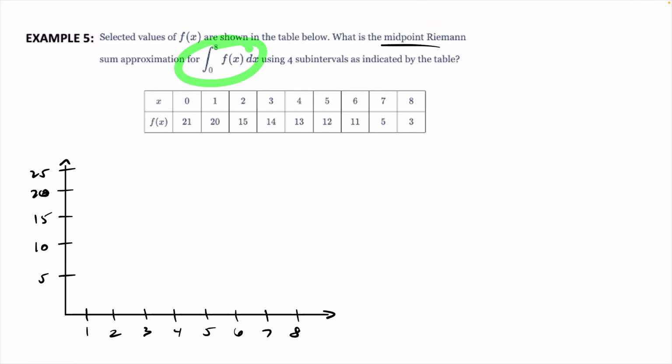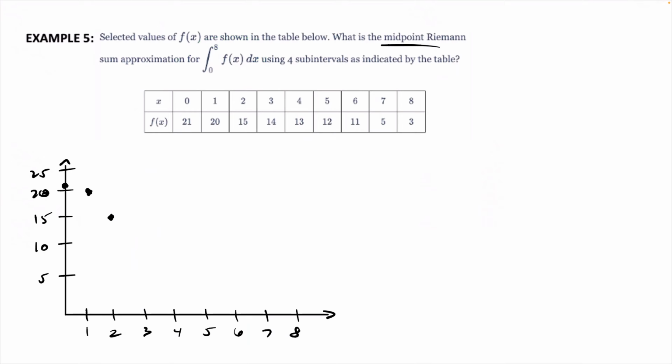Okay? All right, so let's make the first dot. The first dot is at (0, 21). The next dot is at (1, 20). (2, 15).